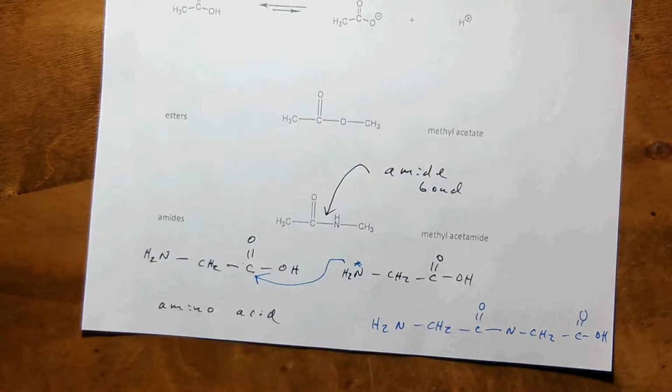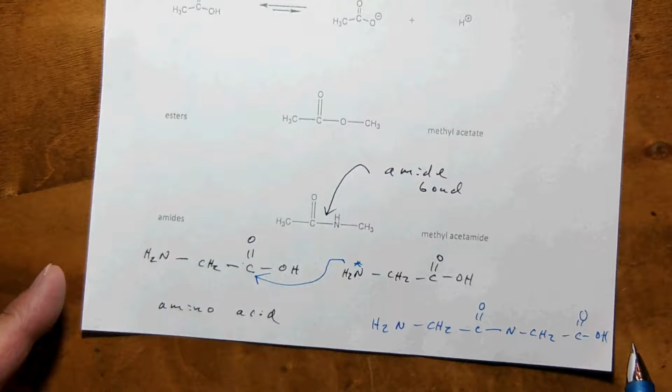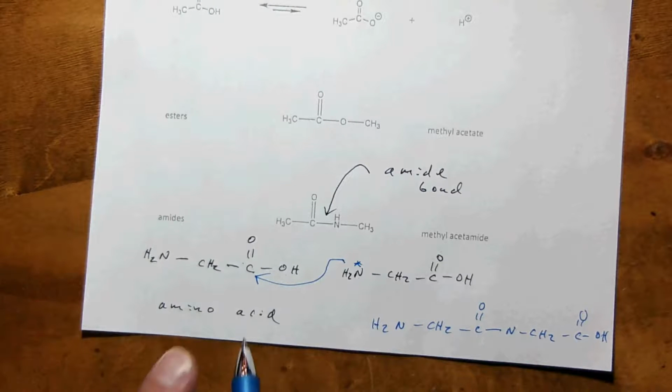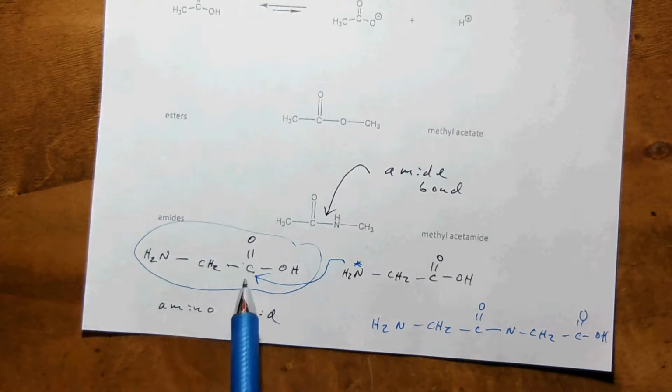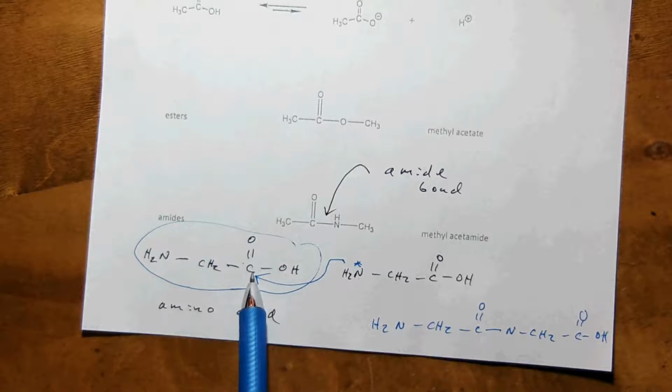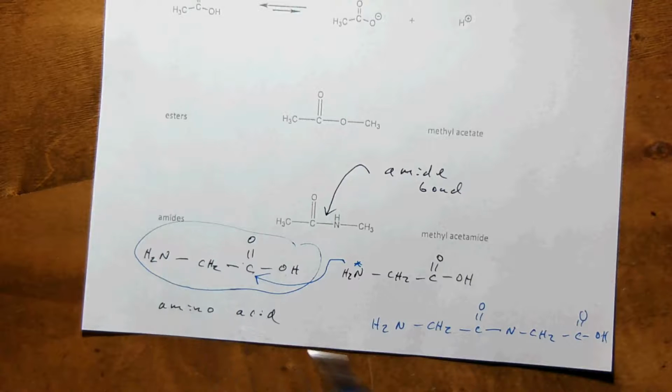Now, when you do that over and over again, you get a big long chain of molecules, and it's called a protein. So amino acids are these small molecules that have a carboxylic acid at one end, an amino group at another end, and you can string them together by forming these amide bonds.